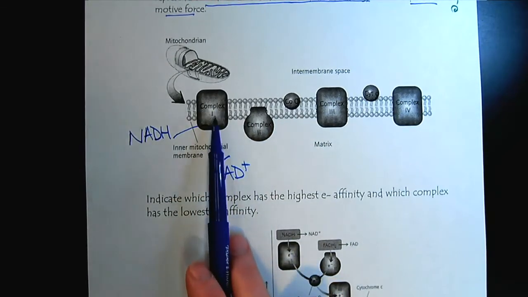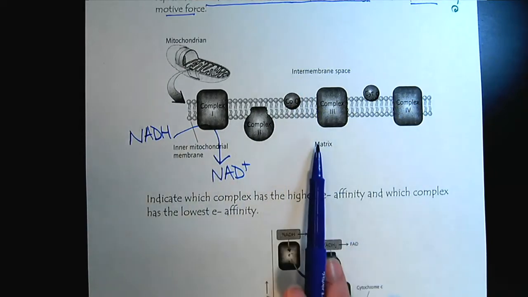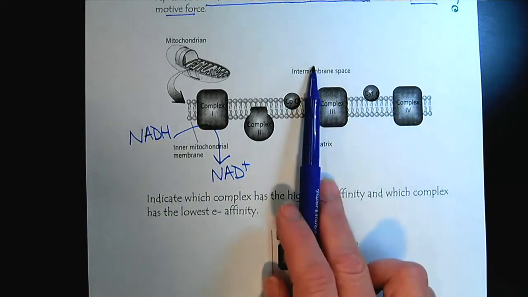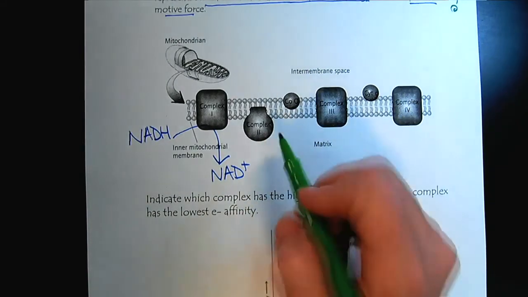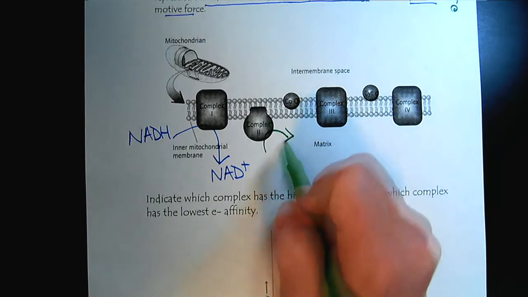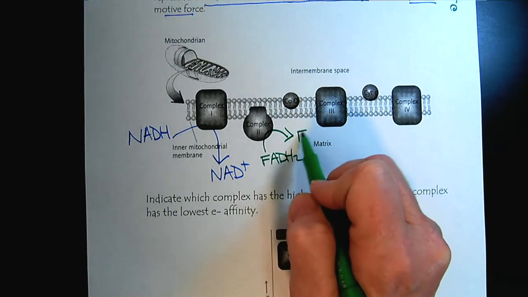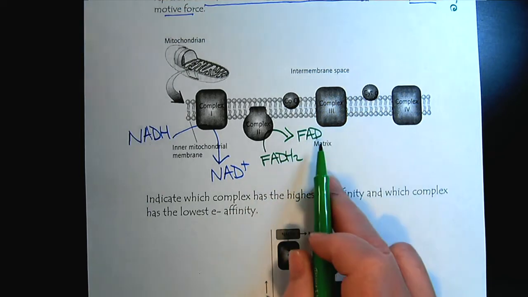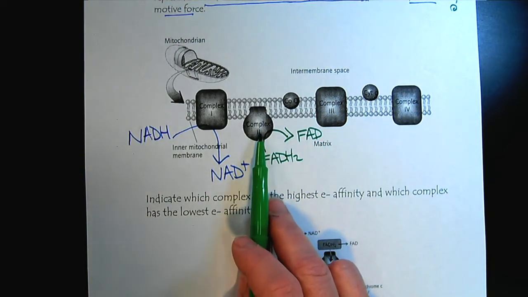Notice that complex 1, 3, and 4 go all the way from the matrix through the intermembrane space. Complex 2 receives the electrons from FADH2, and so then it becomes oxidized to FAD, and the electrons are transferred to complex 2.